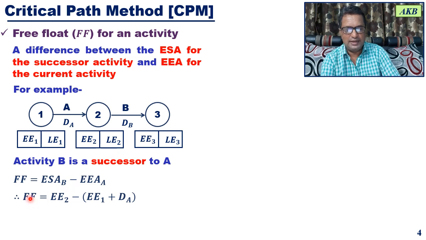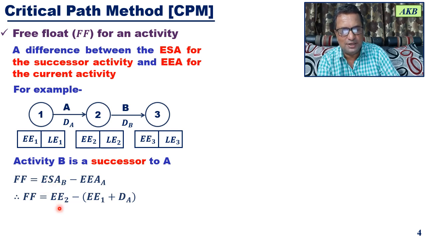Are you understanding it? So since the earliest event time for the tail event of an activity is its earliest start time, you have the earliest start time for activity B equal to EE2.